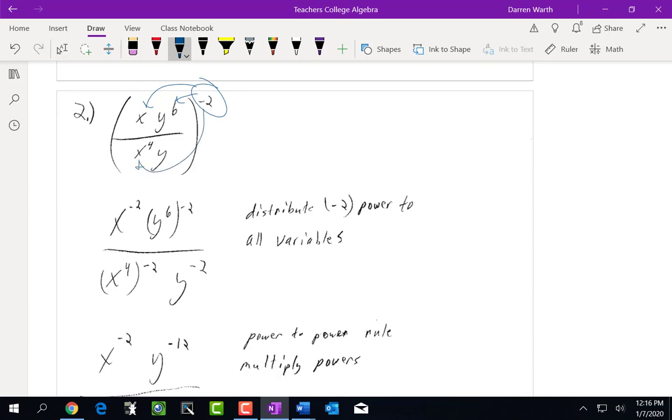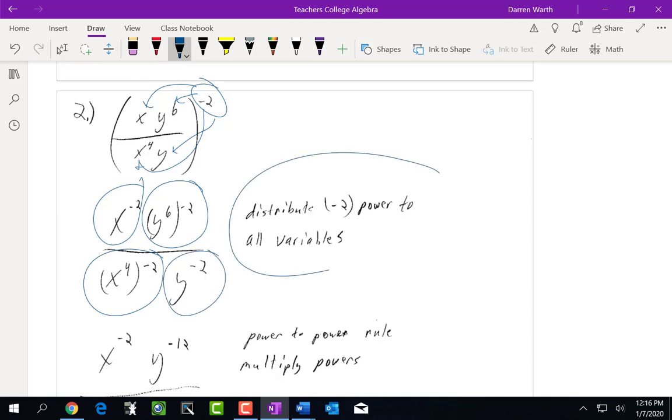So that's the first thing I'm going to do, apply it to everything inside the parentheses. When I apply it to this first one right here, I'm left with x to the -2. I apply it to the second one and I get y to the 6th to the -2. I apply it to the one down here, I get x to the 4th to the -2 and y to the -2. Distribute the -2 power to all my variables.